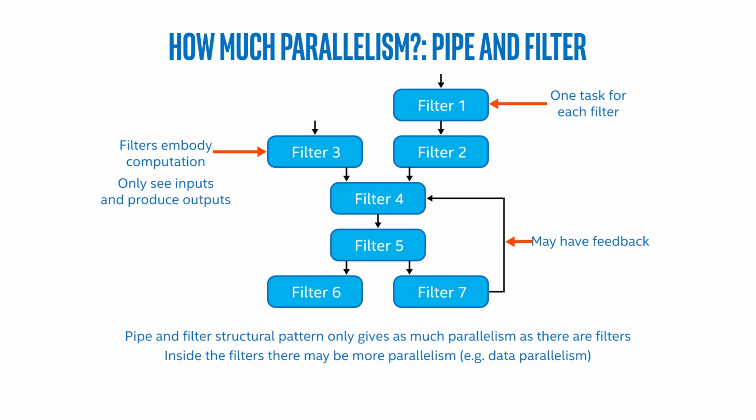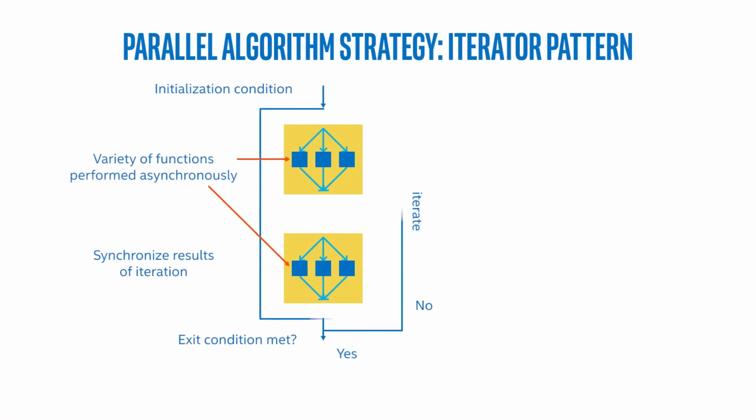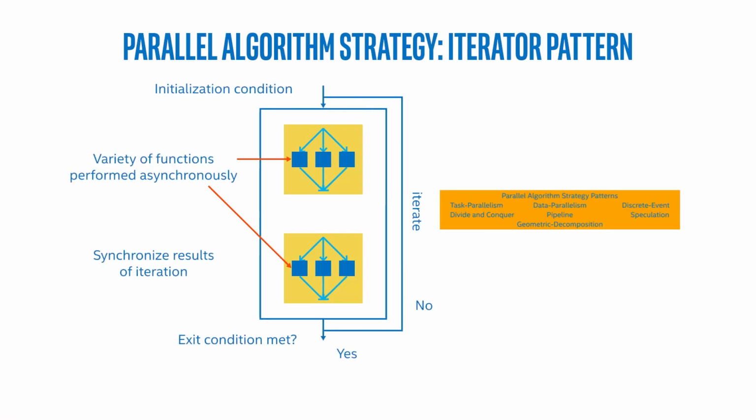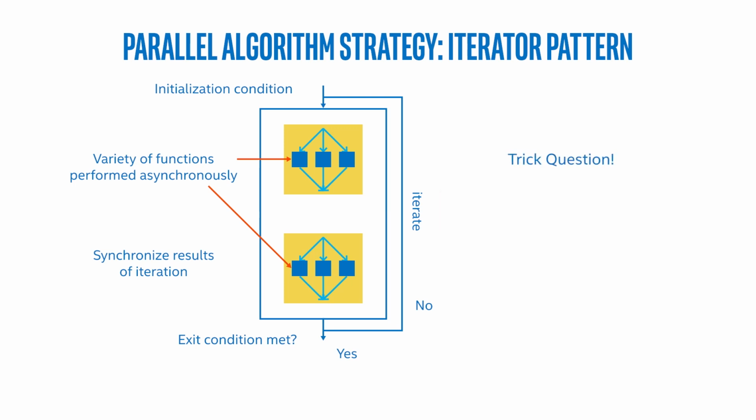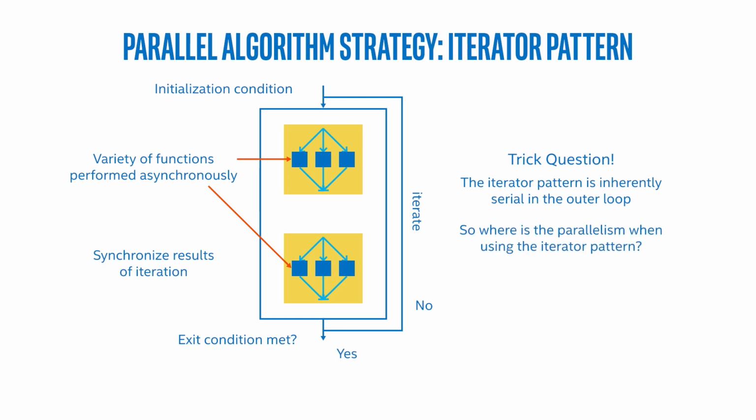Okay, what about the parallel algorithm strategy for the iterator pattern? Among our 7 different parallel algorithm strategies, which one is most appropriate? Well, it's kind of a trick question. In fact, the iterator pattern is the only inherently serial structural pattern in our list of 10 structural patterns. So where's the parallelism likely to be?